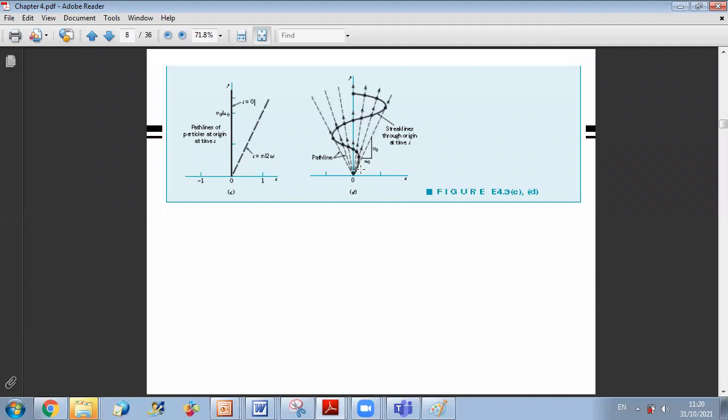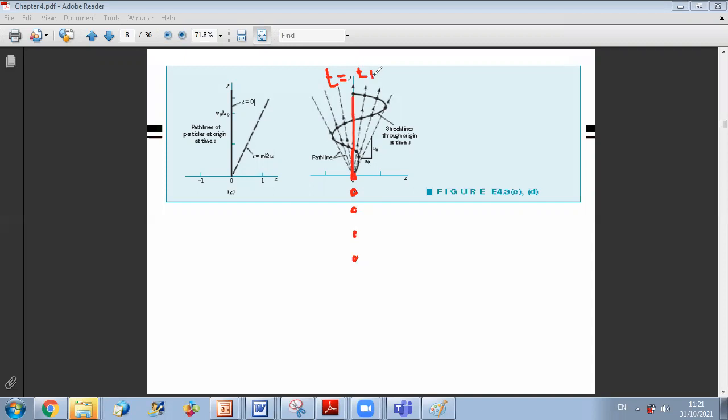And for example, if you ejected several particles at the origin, at different times, let's say you ejected this particle at t equals 0, so this particle will follow the path line of t equals 0. And let's say you are interested to know the streak line at a certain time, let's say t1.